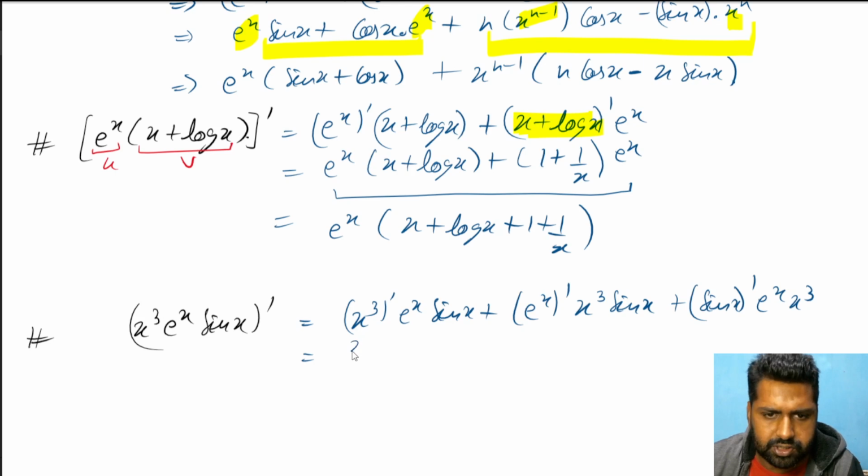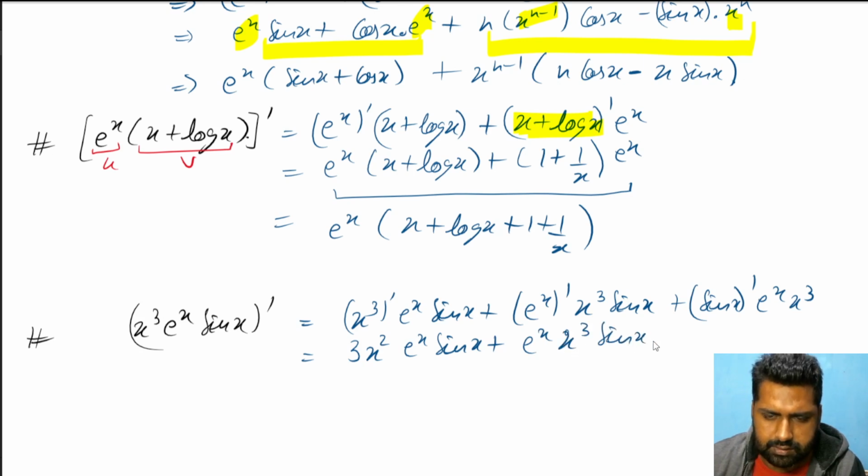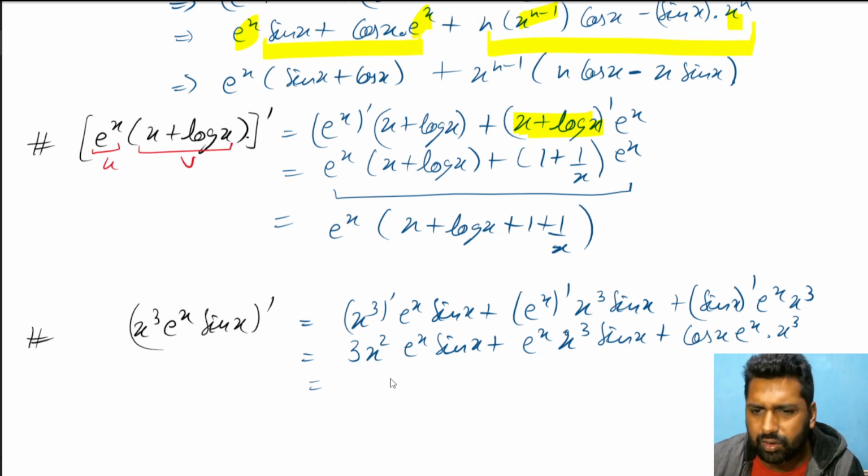So x cube differentiation, power down, 1 power less, 3x square, e raised to power x sin x. Differentiation of e raised to power x is e raised to power x, x cube sin x, and differentiation of sin x is cos x, e raised to power x, x cube. E raised to power x is again common, and x square is also common.